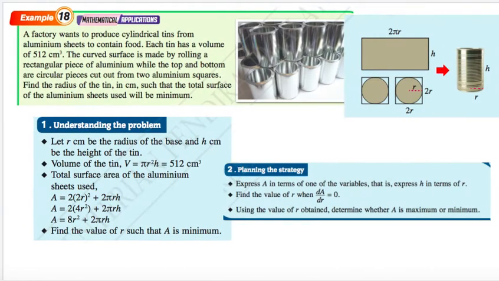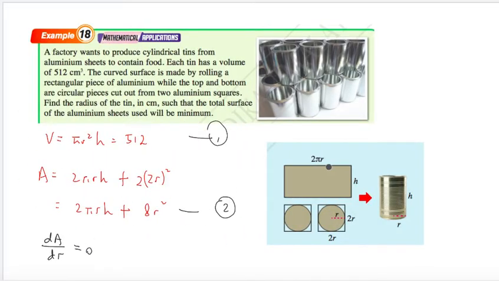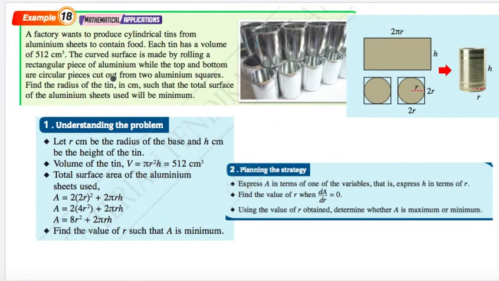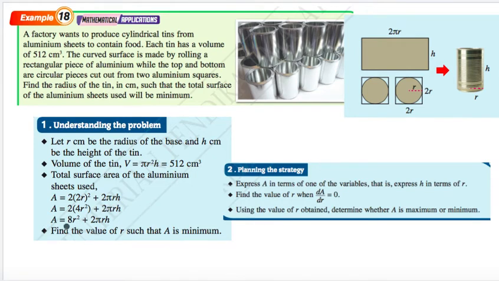Okay, this is the information. Understand the problem already. Let r equal the radius of the base and h equal the height. Volume v equals pi r square h. And the area, we showed this already: A equals 8r square plus 2 pi r h. From this diagram, we form the equations ourselves and find r. Express A in terms of one variable. That's why I say two equations just now.